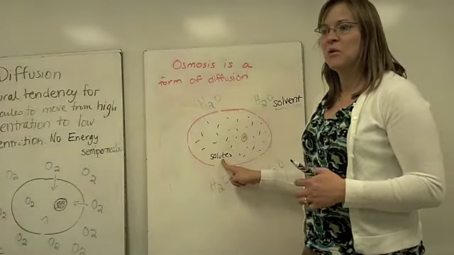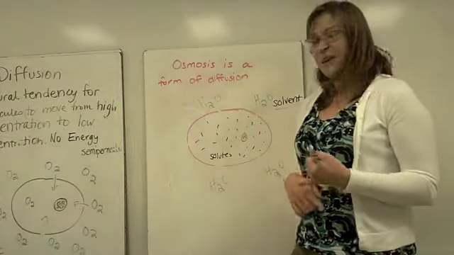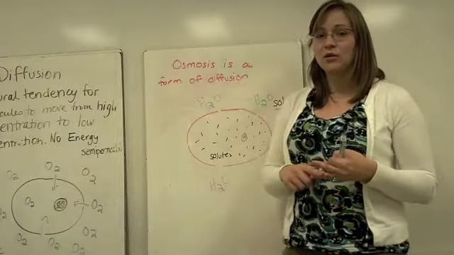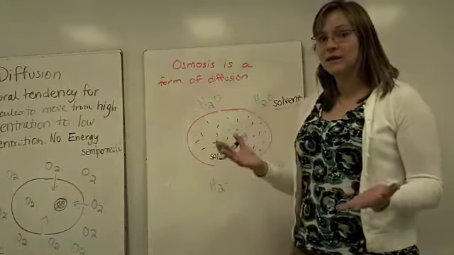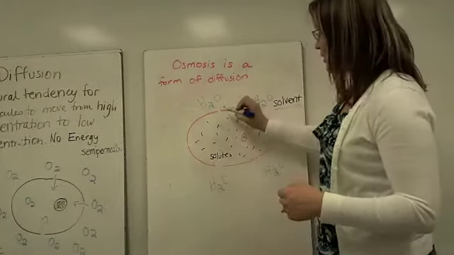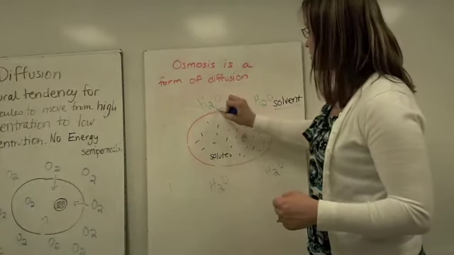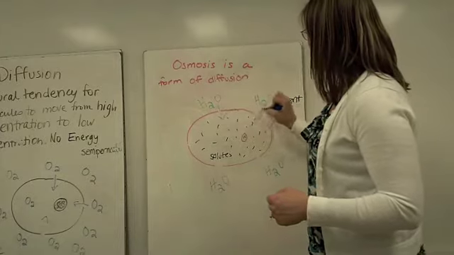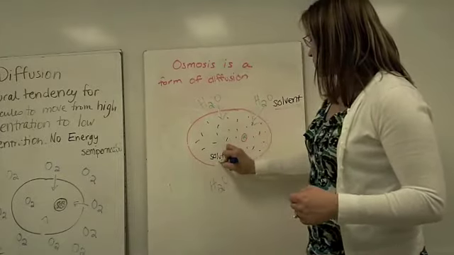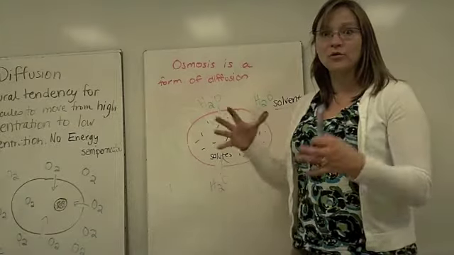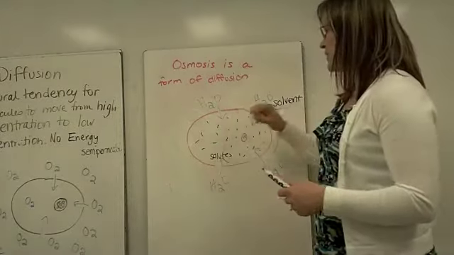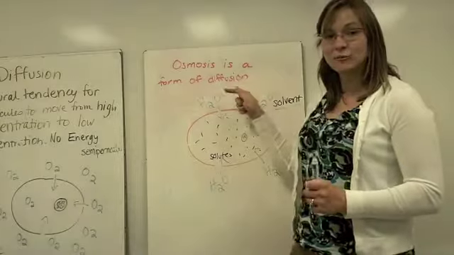Solutes are just the particles that aren't liquid, so amino acids, protein, glucose, lots of those solutes. So the water is going to want to equalize and create an equilibrium, so it's going to want to move into the cell to try to balance the amount of water that's on both sides of the plasma membrane. So this is osmosis, the movement of water.